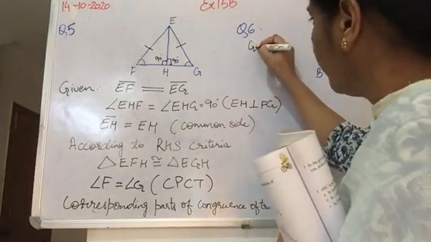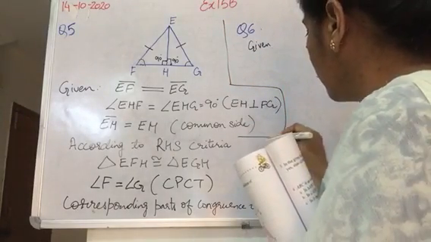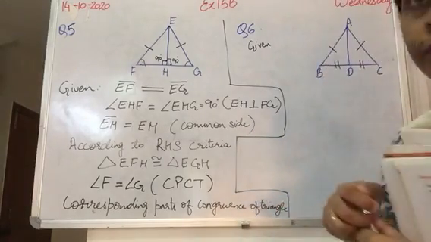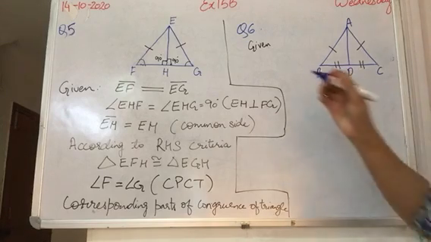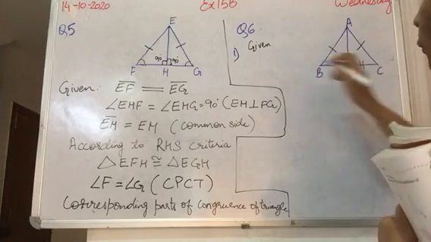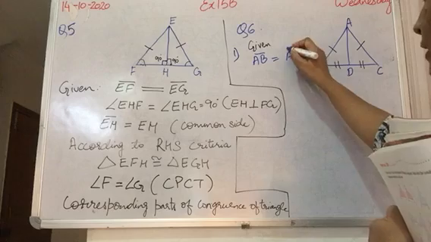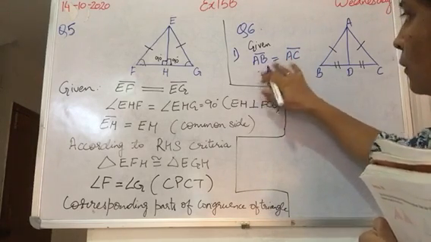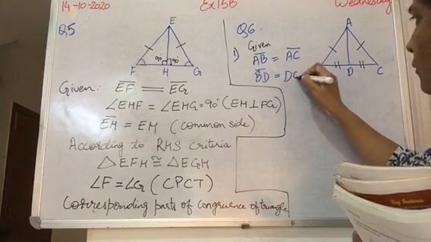So first we write given. First part, we will write what is given: AB is equal to AC. Second condition is BD is equal to DC.